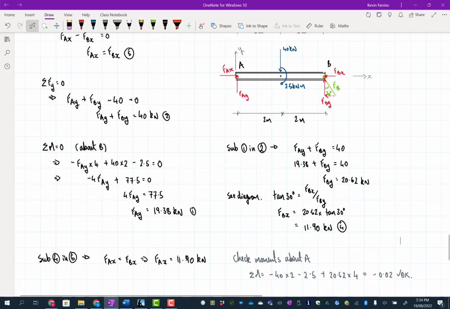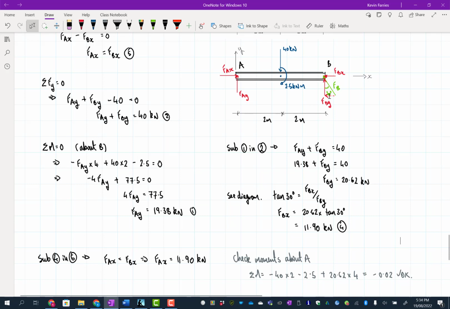So I did all that, and worked through moments about B. So using this point, I figured out all the moments. That brought me Fay, because lots of them have no moment. Fax is gone because it doesn't have a lever arm to B. Neither do any of these. And so I could figure out Fay, took that, put it back in here, and that let me get Fby, this one over here.